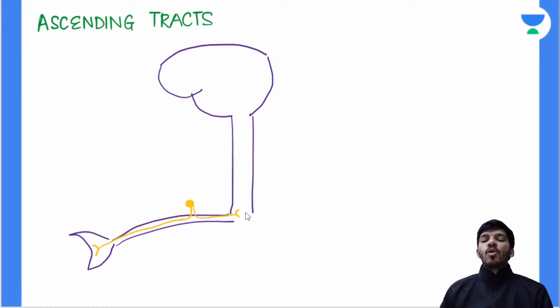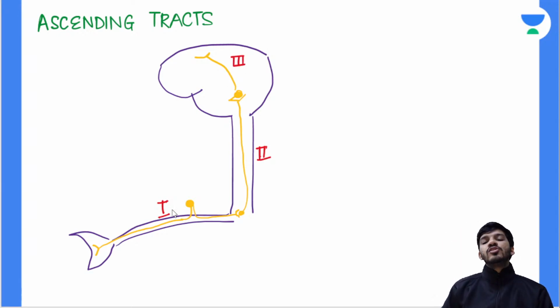Now from the spinal cord, you are going to have a second order neuron that starts, that is going to go above, and almost always it synapses in the thalamus. From the thalamus, that information goes to the cortex. So now you understand that there is a first order neuron, which means the first neuron in the sequence, second order neuron, that is the second level of neurons, and third order neuron.